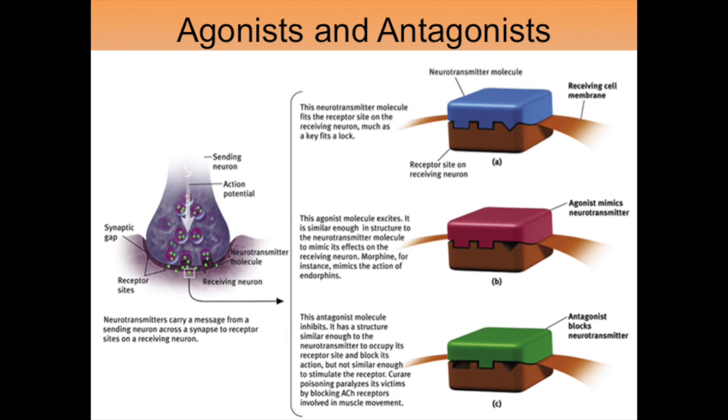Now this diagram shows how agonists and antagonists work, and I will go over this in detail in class. What's interesting to note, though, is that not all substances or drugs can pass the blood-brain barrier, and this protects the brain from pathogens and other harmful substances. Also, it can cause problems in treatment.